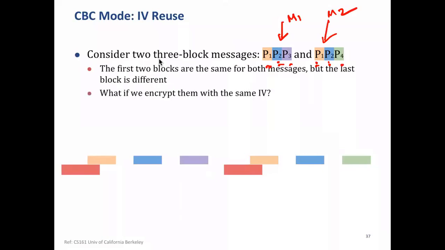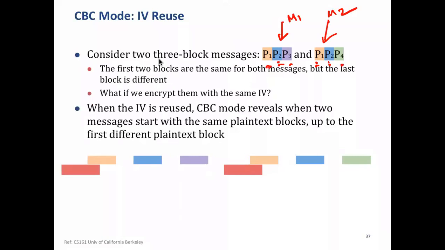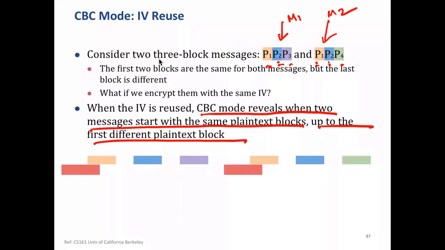If you use the same IV, then CBC would reveal when two messages start with the same plaintext blocks, up to the first different block. Because the same IV is used, some information is leaked by the encrypted output of these two.